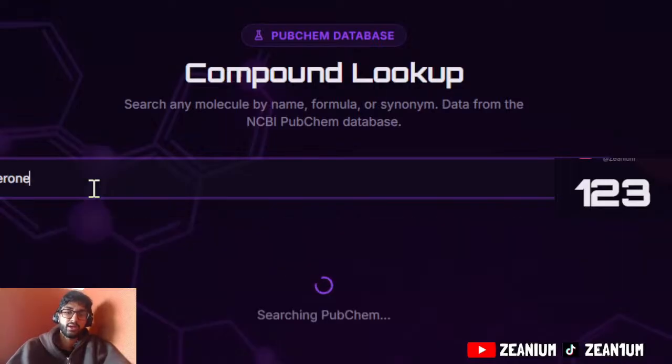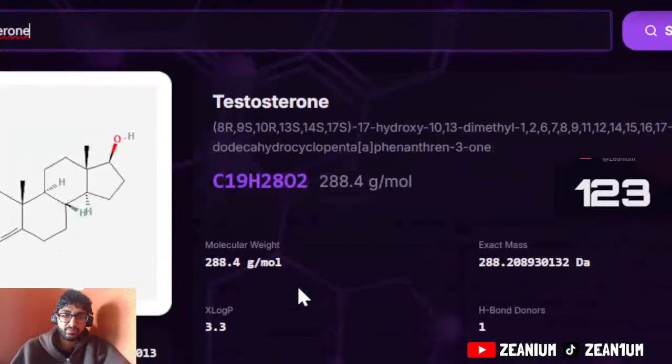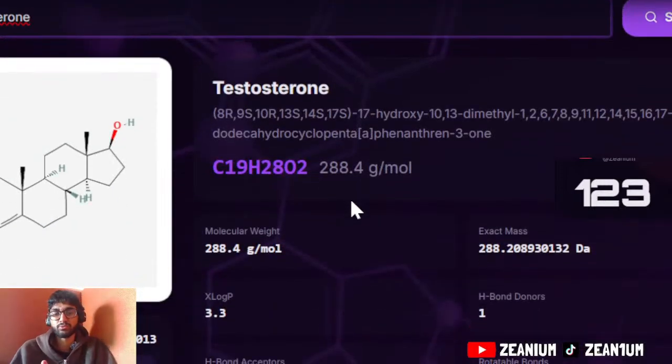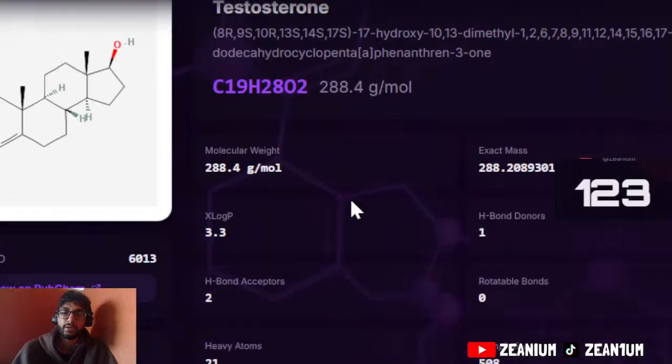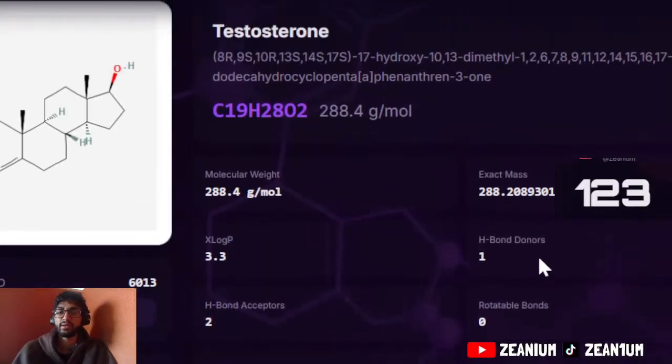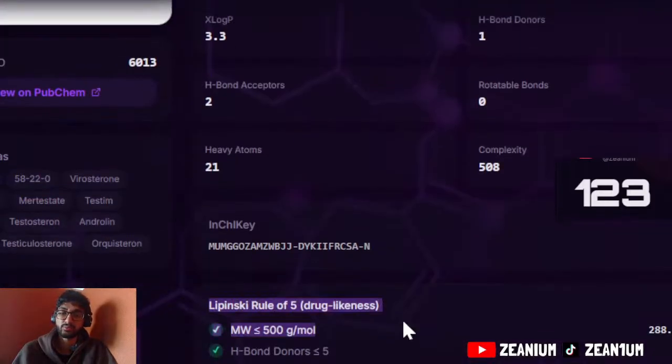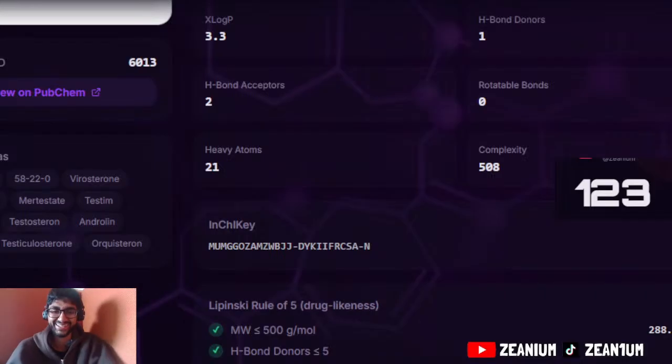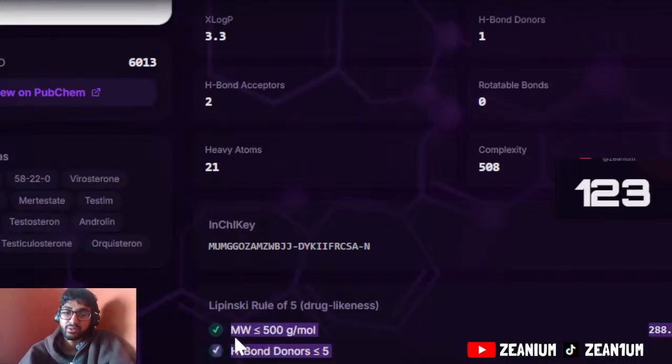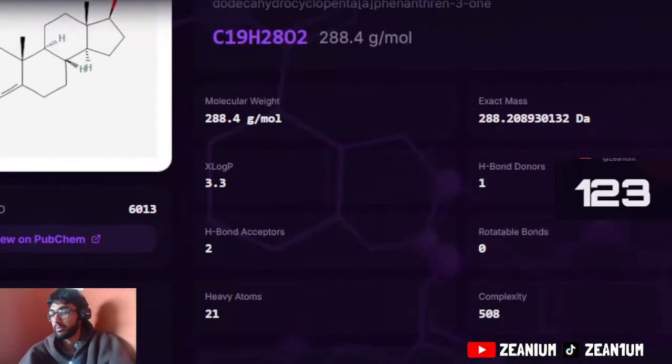Testosterone, I can't spell, but it still got it. It will give you everything about testosterone, including molecular weight. And for my medical chemists, we have H-bond donors, H-bond acceptors, and Lipinski's rule of five, so you can see if it can be taken orally. It's pretty cool, and I really love it since it's really relevant to my major.